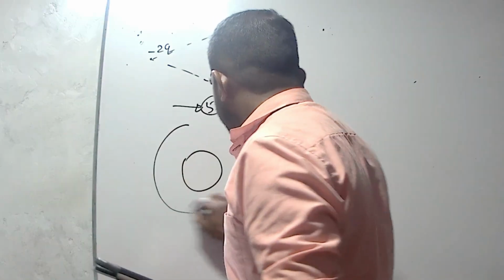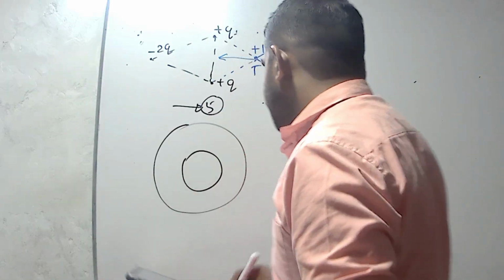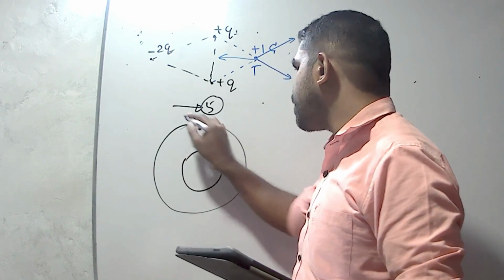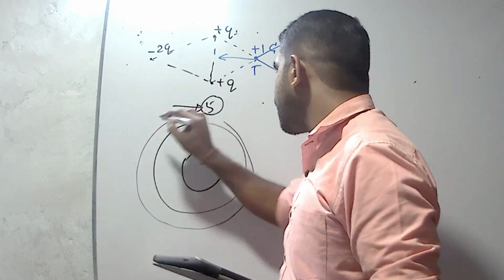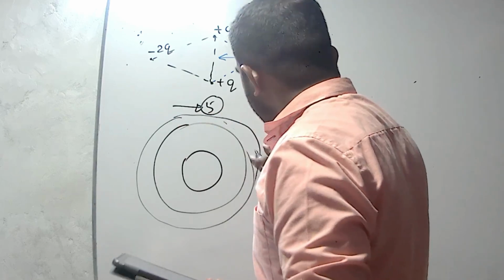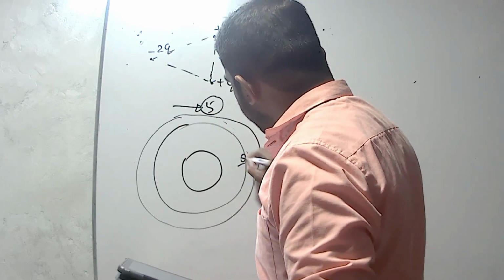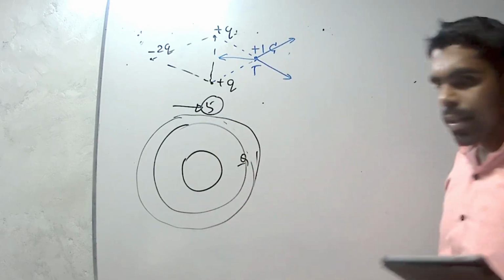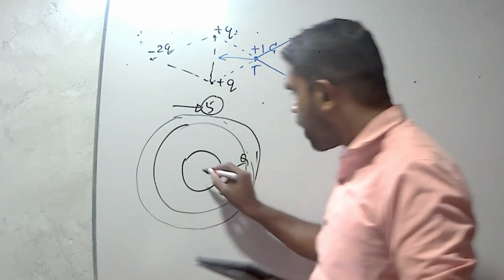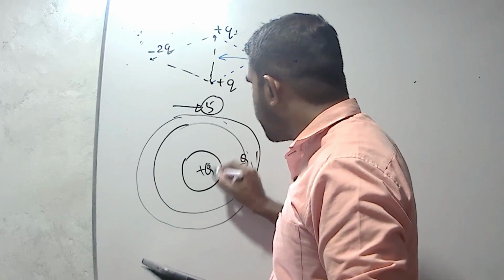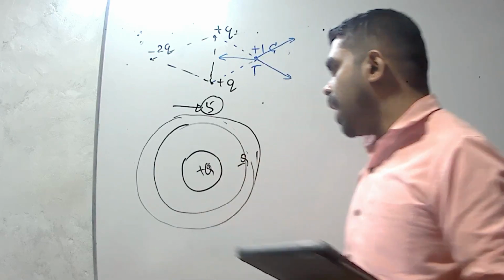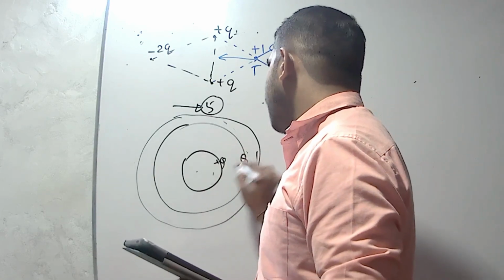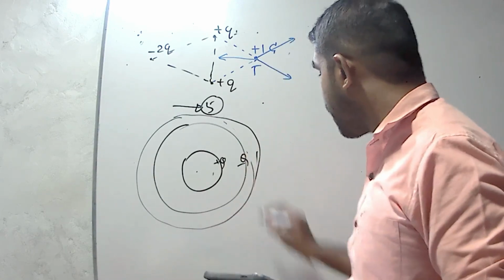When considering the conducting shell, we know that the minus Q charge is at the inner surface because it is attracted to the plus Q charge of the sphere. Therefore, plus Q is on this surface, minus Q is on this surface.